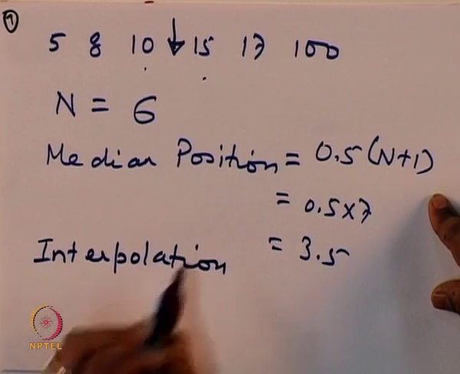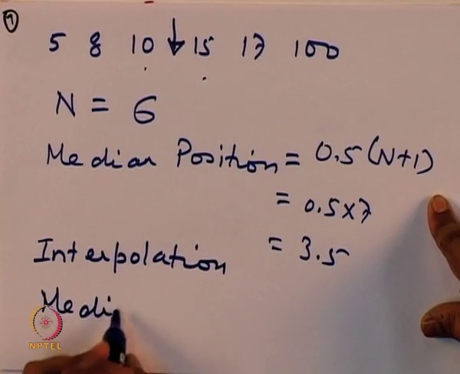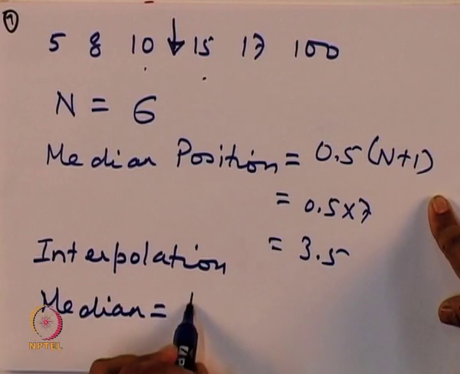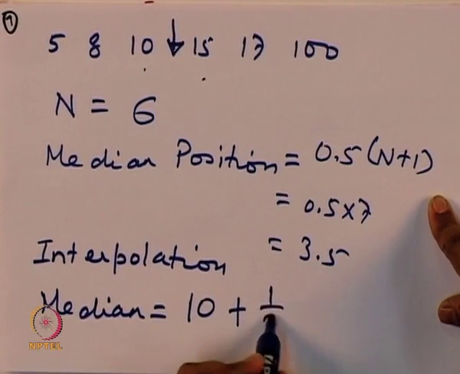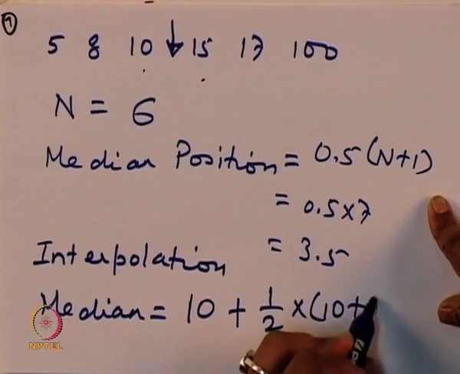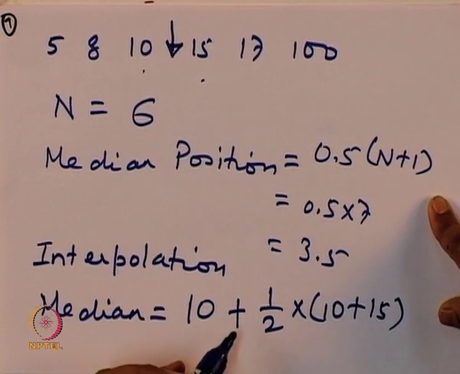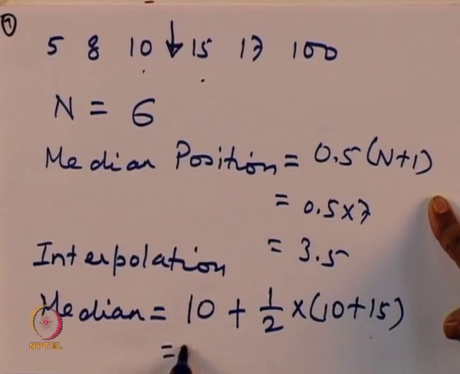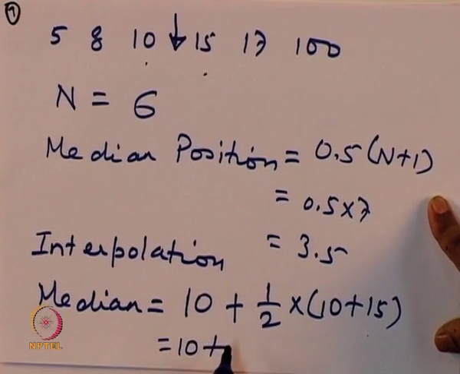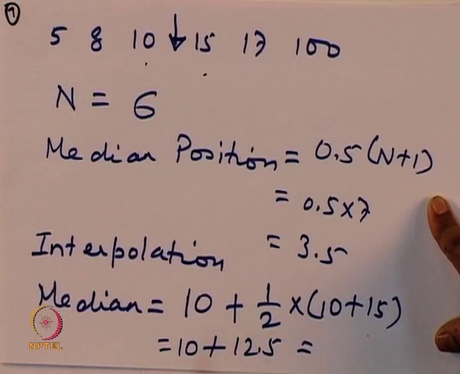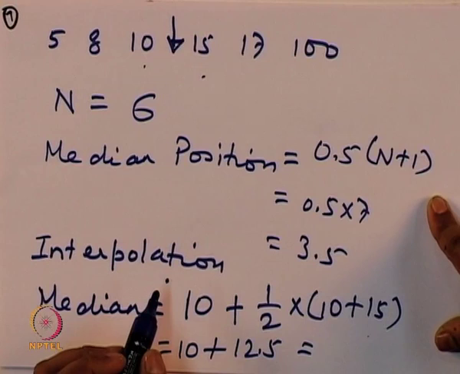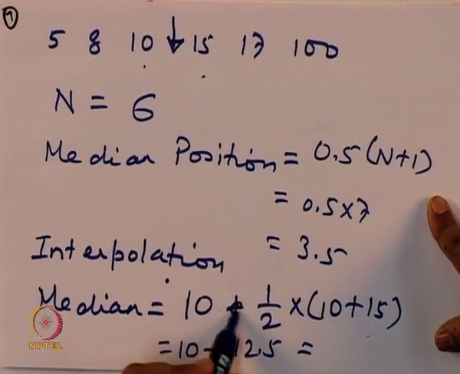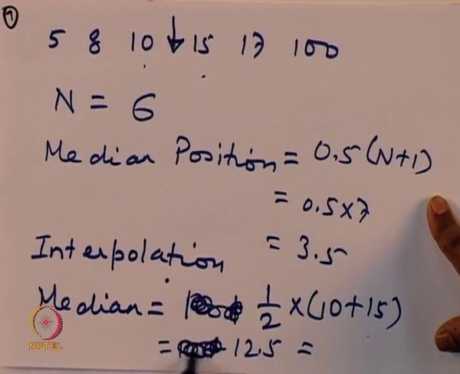My median as per this will be the average. It will be 10 plus half into 10 plus 15. It is simply at the middle position, so it is half into 10 plus 15, which is 12.5.